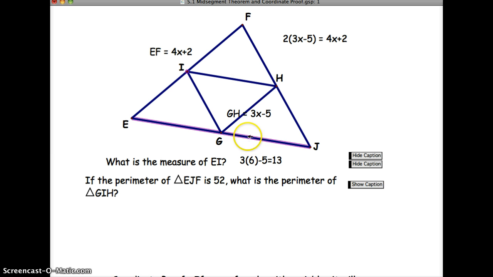And you might also conclude that this midsegment here is half of this midsegment. You have a bunch of halves, right? So maybe what you could say is that if each segment is half, maybe the entire perimeter is half. And if you made that conjecture, you'd be correct. The perimeter is 26 because half of 52 is 26.